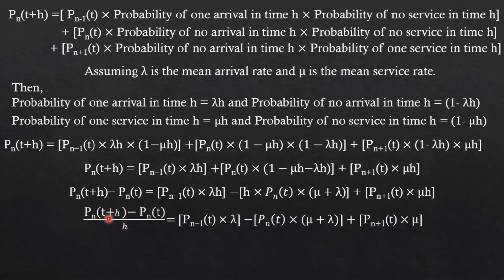Now let us focus on the left hand side of the equation. Here we can see the probability of n customers at time t plus h minus the probability of n customers at time t.